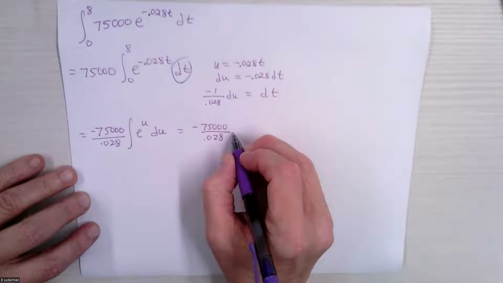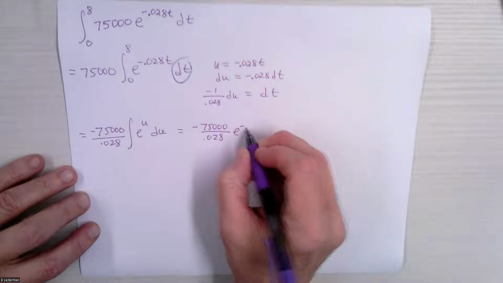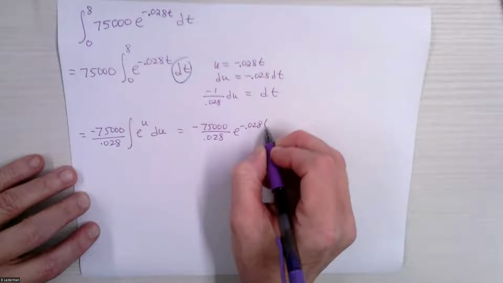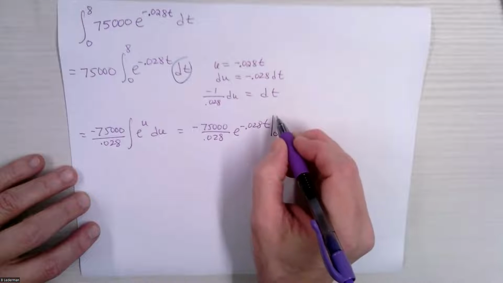E to the negative 0.028 t, and this is going to be evaluated between 0 and 8.